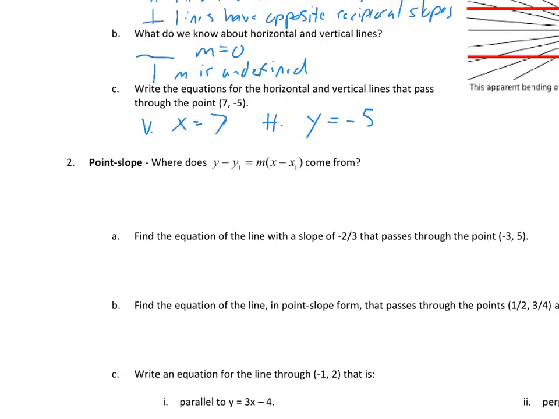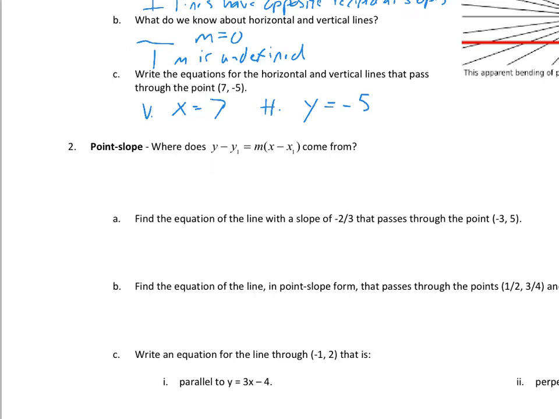Alright, number 2 is an interesting question that a lot of people have never been told, but this is called point slope form. If you remember, we're going to use this a lot as well. So those of you who like to use y equals mx plus b, you might want to get used to this form because it's actually easier for the stuff we're going to do, even if you're not used to it yet. But if you take both sides and divide by x minus x sub 1, you end up with m equals y minus y1 over x minus x sub 1.